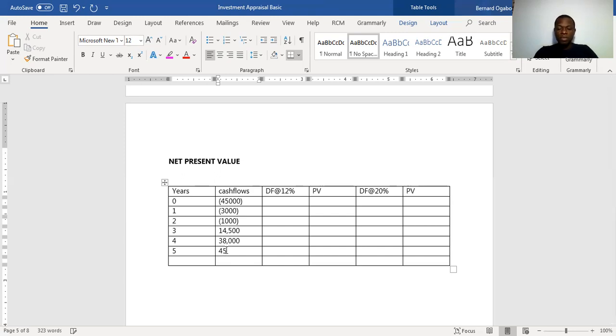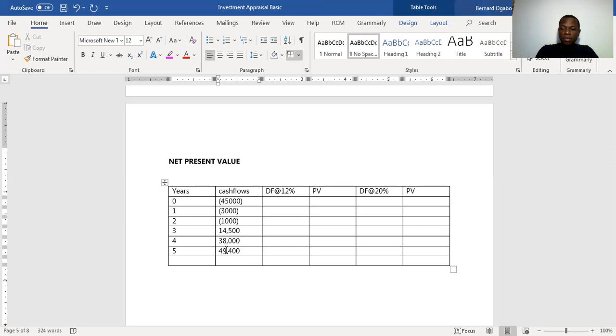I'm supposed to have 45,000 as the last rate, but because the residual value is 4,500, I am going to make this 49,500.